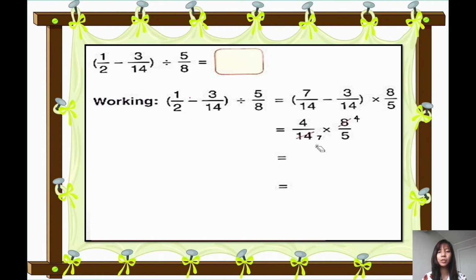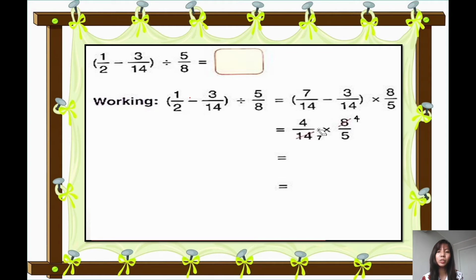As I've showed you here, you can cancel this 8 and 14. I mean, there is a common number that is divisible to both 8 and 14. So it's 2. So 8 becomes 4 and 14 becomes 7, to make this problem simpler.